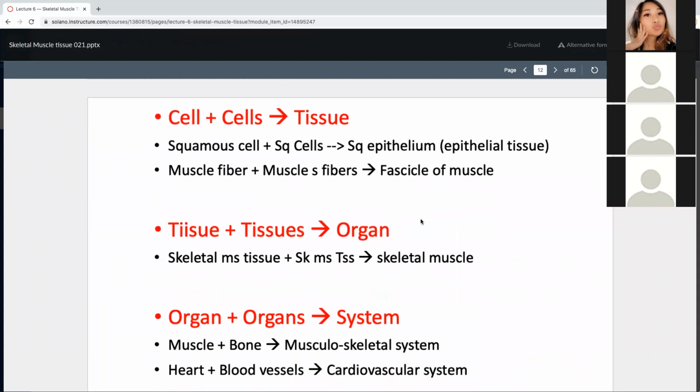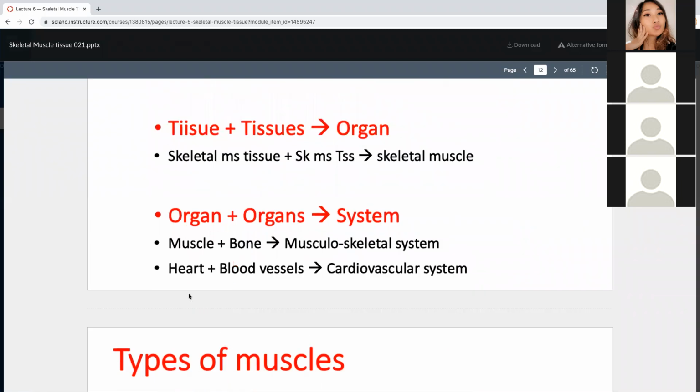And don't forget the bicep muscle we are seeing, which you can see with our naked eye. Bicep muscle, it is an organ, yeah? So bicep muscle plus the humerus bone will create the upper limb musculoskeletal system.